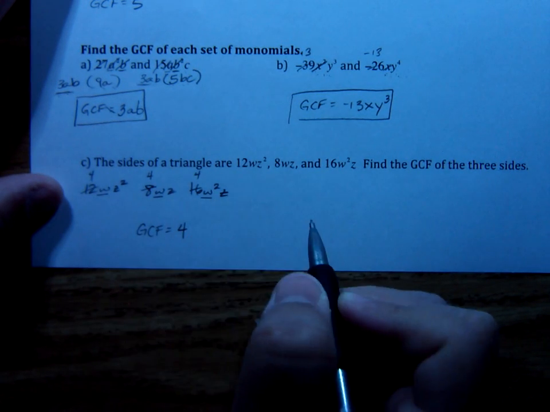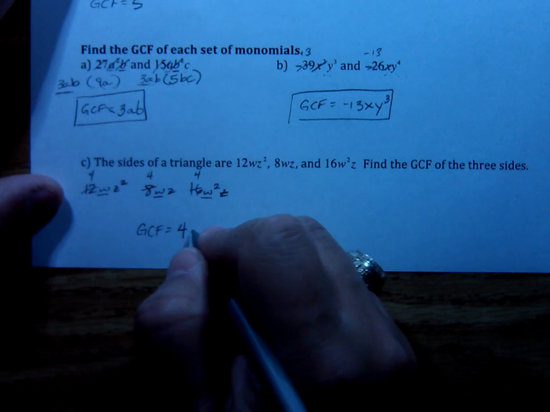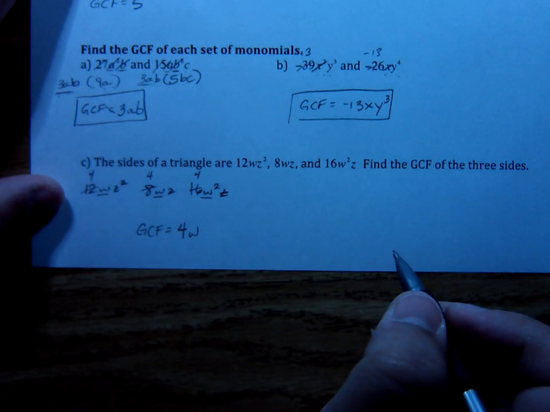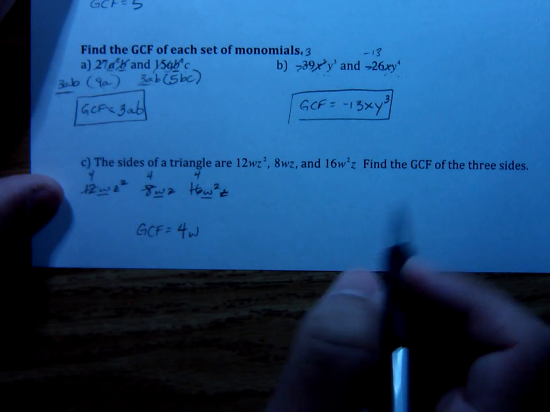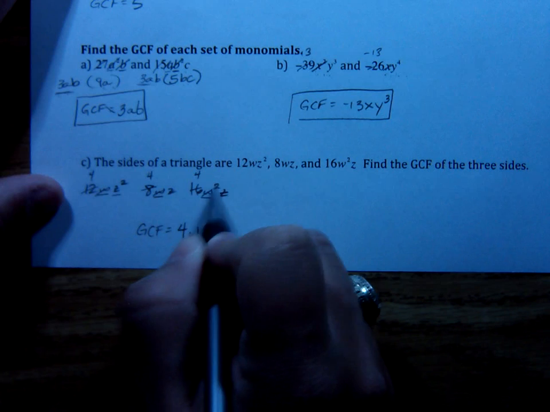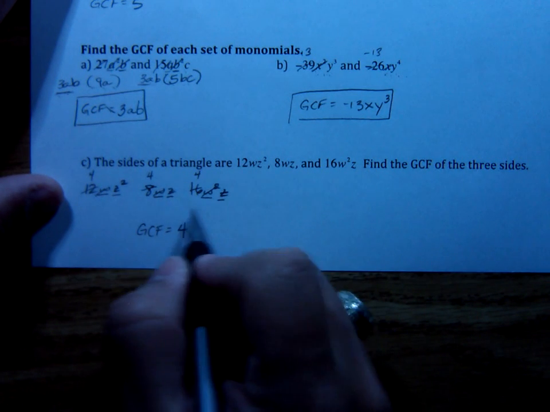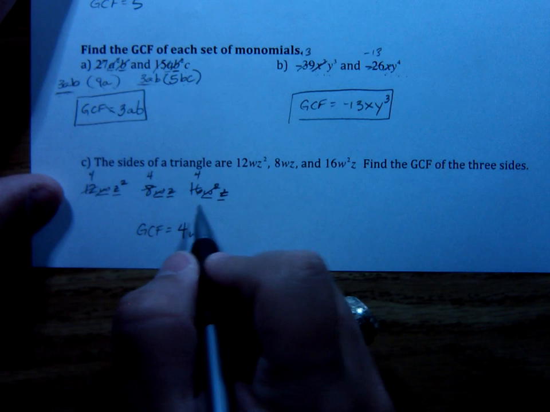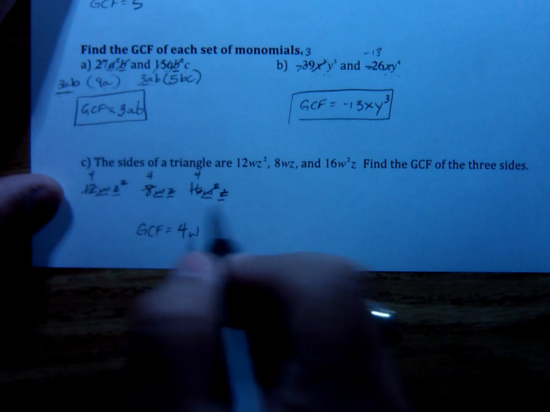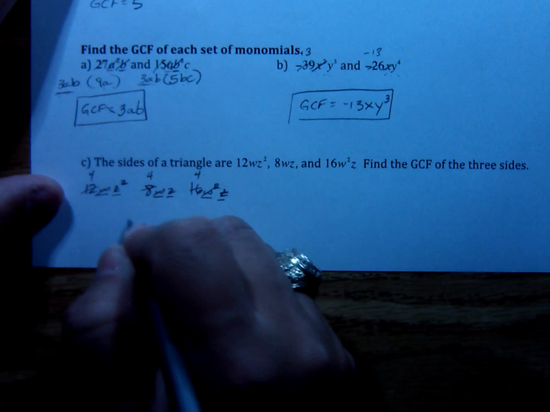The lowest amount of W's they have is 1, so bring down 1 W. Do they all have a Z? 2 here. We're done with the W's. 1 here, 1 here. The lowest amount of Z's they have is 1, so bring down 1 Z. So our greatest common factor is 4WZ.